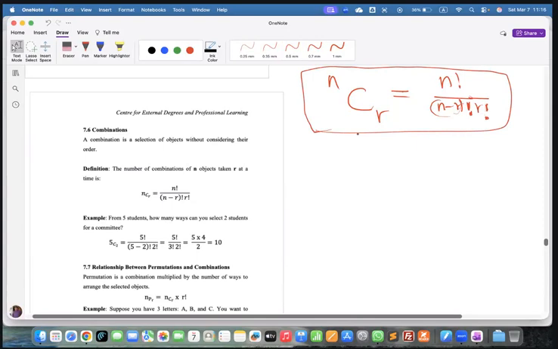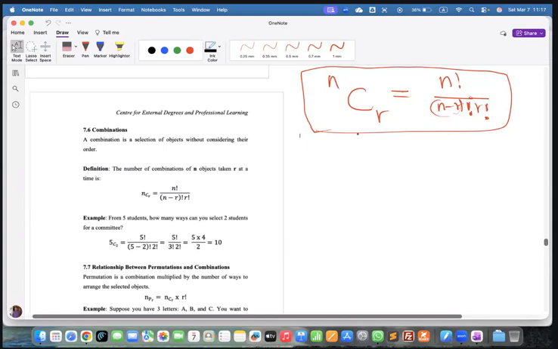A combination is a selection of objects without considering their order. We can utilize it while making teams. While making teams, we do not consider the order in which we select the elements. If you are making a group for a competition, we do not consider who is selected first, second or third.